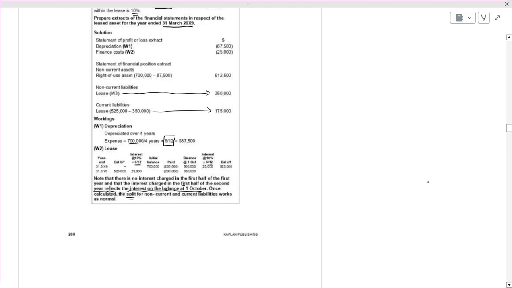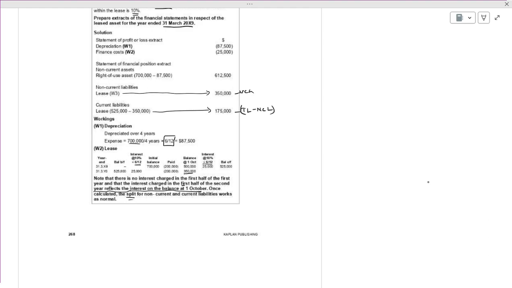See the thing at the end of year 2. This is a 4 years lease. Whatever it is at the end of year 2, as per the rule, it will be a non-current liability, and the difference between the total liability and the non-current liability is going to be identified as a current liability.